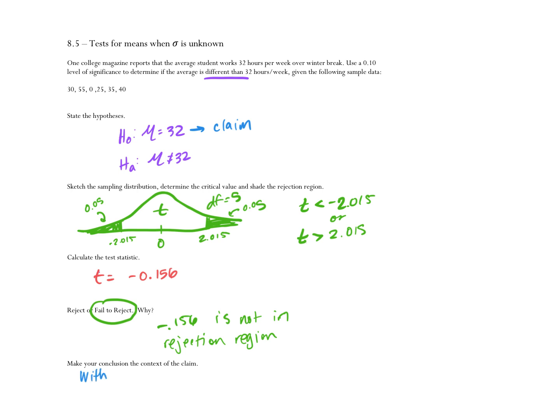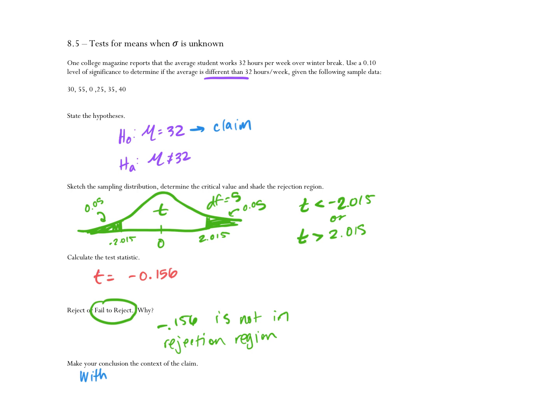The claim will always be the boundary between the null and the alternative, but the null is always the one that has an equal to in any capacity. So the claim could be the null. The claim could be the alternative. The null always has the equal to, because it's the one where we assume that boundary is true.